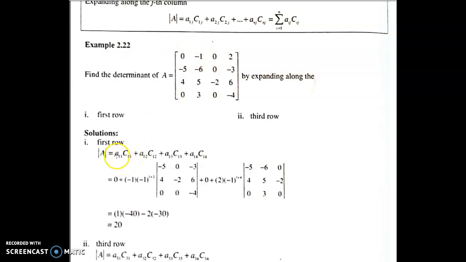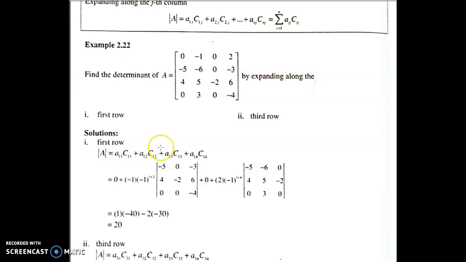If you look at the formula here, it is A11 times C11, the first element times its cofactor, and you have A12 times C12, this element times its cofactor, and then A13 times C13, and the same goes for this one. So you have 4 terms that you need to sum.